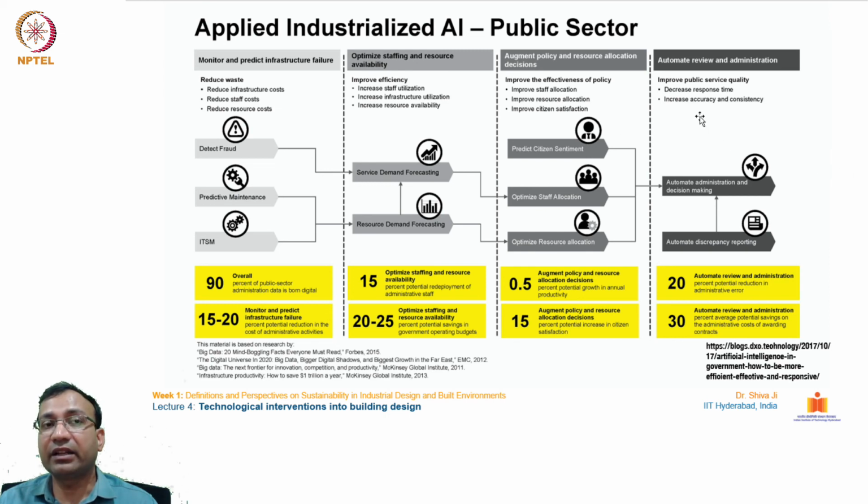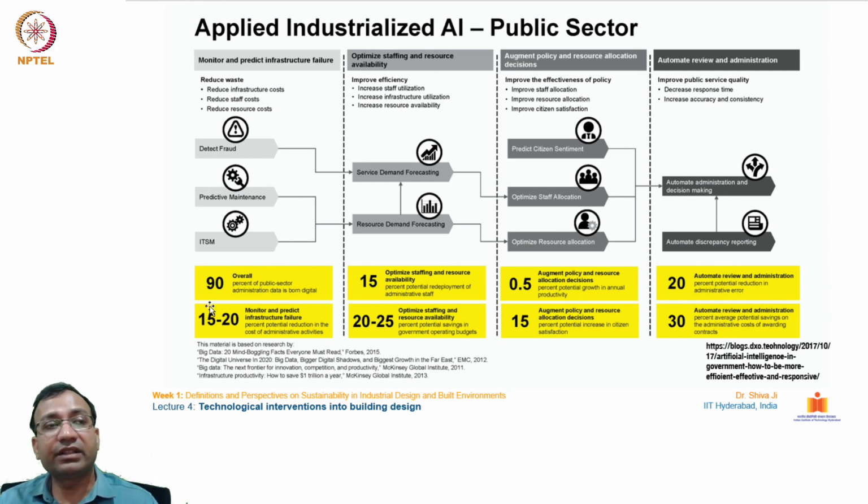And secondly, increasing accuracy and consistency, so there is minimum chance of errors or mistakes happening in the entire system. So with this we can see that at this stage, automating administration and decision making processes lets these things work efficiently.